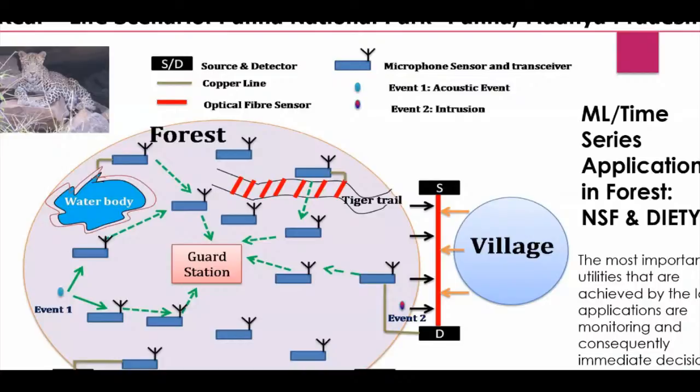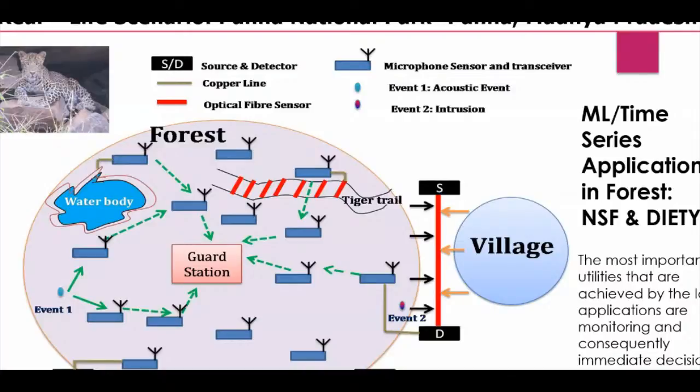If there is a gunshot in the forest, we can detect it, and at the same time we also predict the exact location where the gunshot took place. So if there is a gunshot, information automatically goes to the guard station, and the guard will immediately go to that location and catch the poachers.